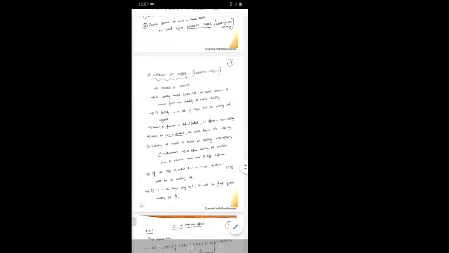Next point. A locality model states that as a process executes, it moves from one locality to another. What does locality mean? A locality is a set of pages that are actively used together. When we execute the process, it moves from one locality to another. For example, we are in page 5 and have not started anything; once it starts, it moves to page number 6 or 7 or 8.